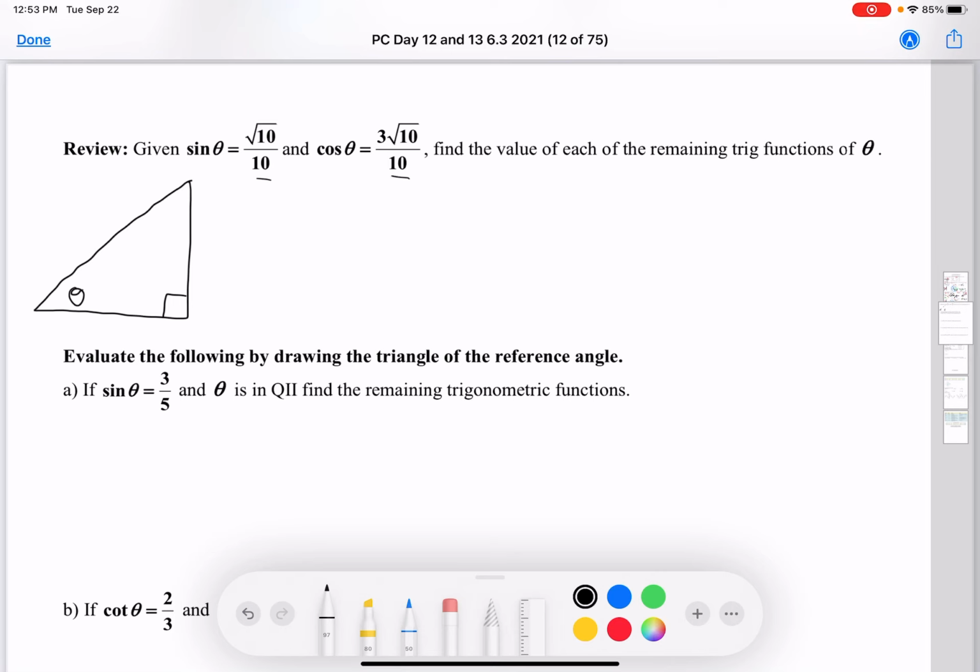I see cosine and sine both have denominators of 10. Think SOHCAHTOA. So this is the opposite, this would be the hypotenuse, this would be the adjacent, this would be the hypotenuse. So the hypotenuse is going to be equal to 10. Adjacent to this angle will be down here, and that is the 3 root 10 over 10. And then the opposite side length of the angle is going to be that root 10 in my sine function. And so now using these 3 values, you can find the values of the remaining 6 trig functions. All right, just like we did on the test.